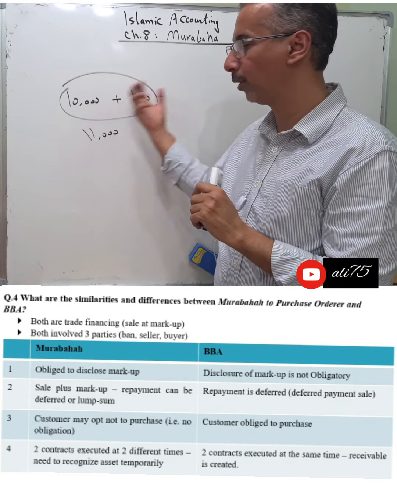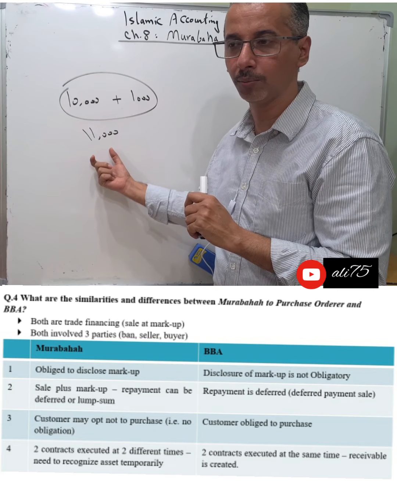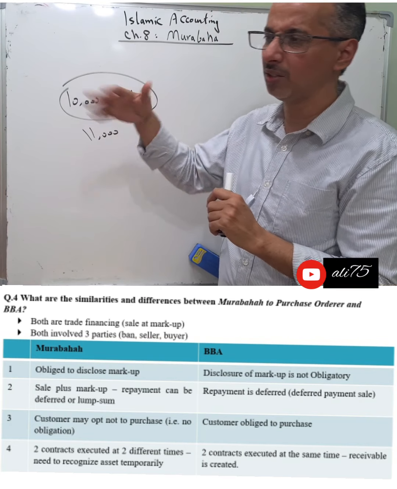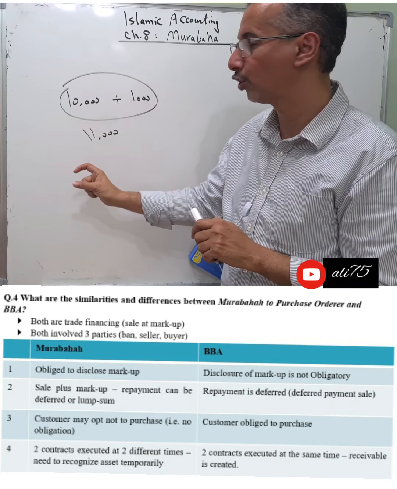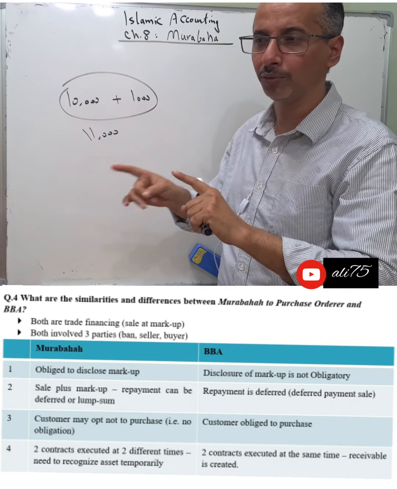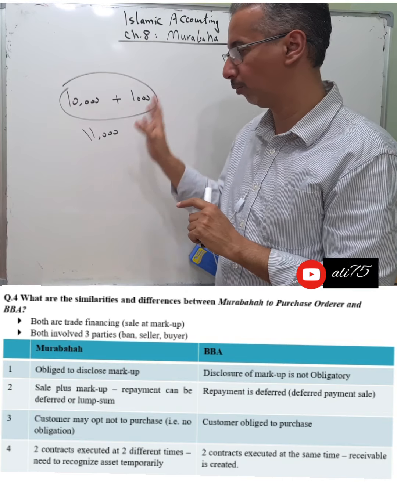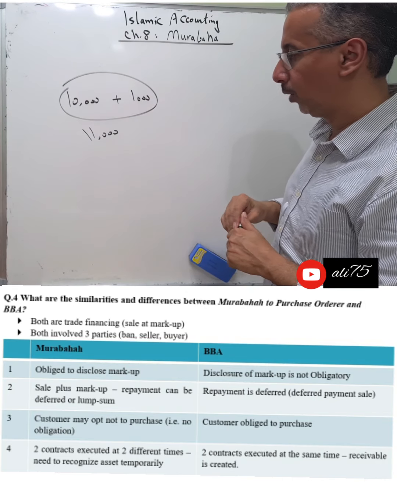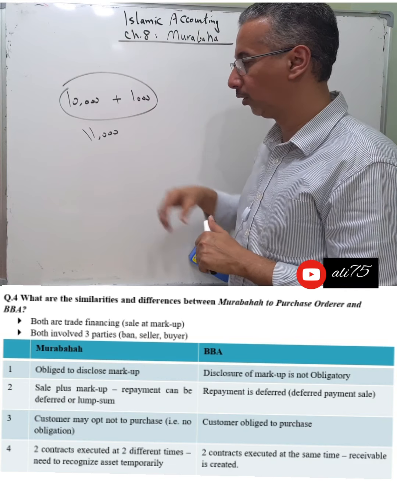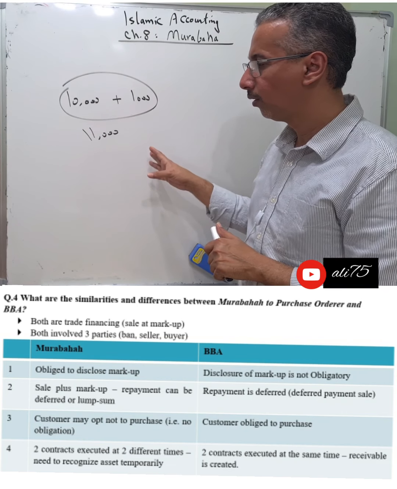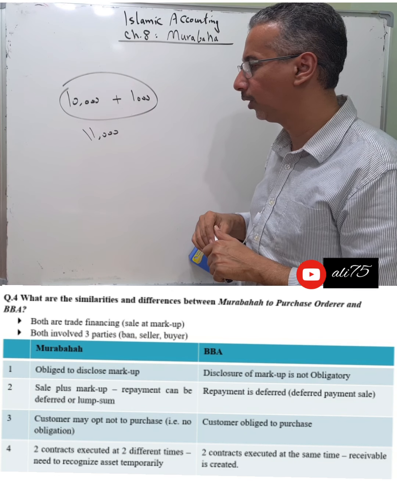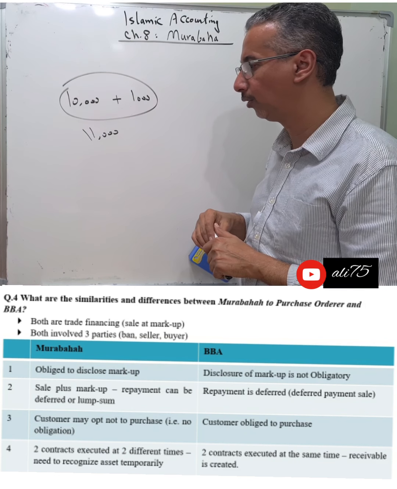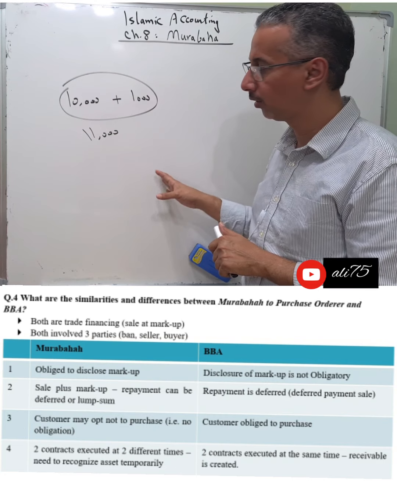Otherwise, after the bank purchases this commodity or product or the car, the customer could say, no, I don't want it. Here in بيع بثمن آجل there is obligation, and there is a lot of discussion between the scholars on this issue: is the obligation allowed or not allowed?